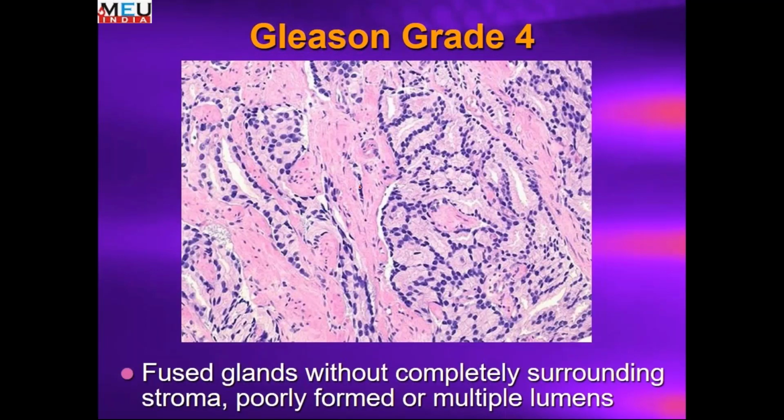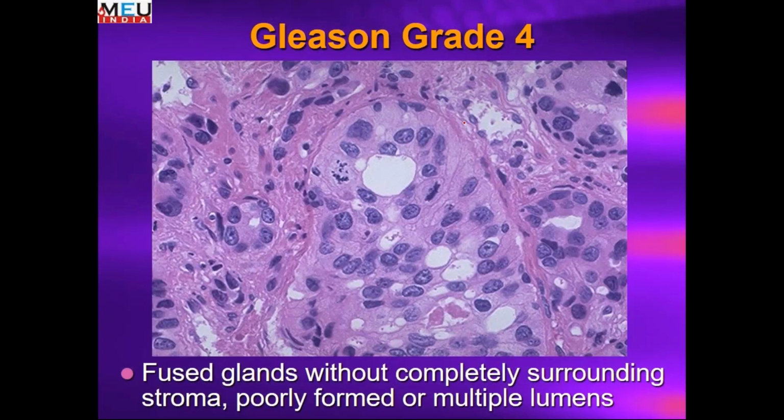Now the Gleason's grade 4, the glands are completely fused without any stroma, and poorly formed multiple lumens can be seen. In some places we don't see any glands, or we can see just the lumens.